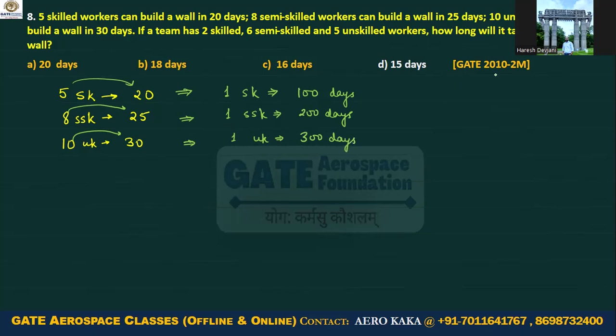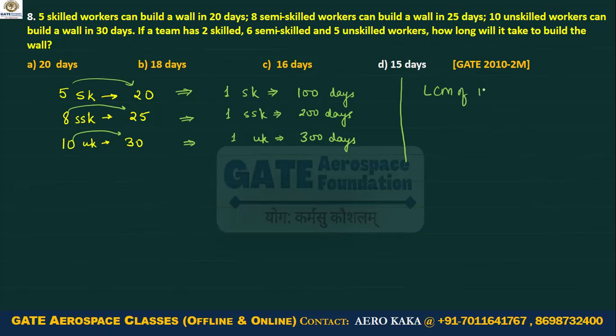Right. Now, in this video, I'm going to introduce another method, and this is actually a shortcut method. If you can solve the question using this method, it will save you a little bit of time. So I'll take the LCM of these three values, 100, 200, 300. The LCM of 100, 200, and 300 is going to be 300 only.